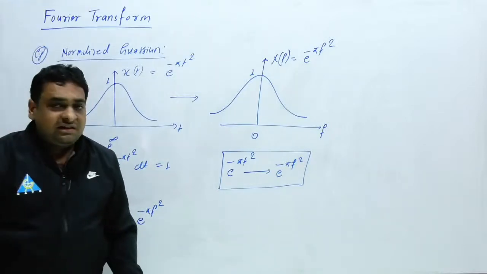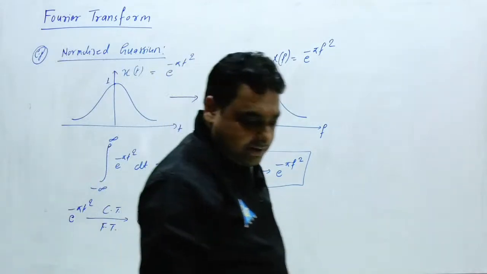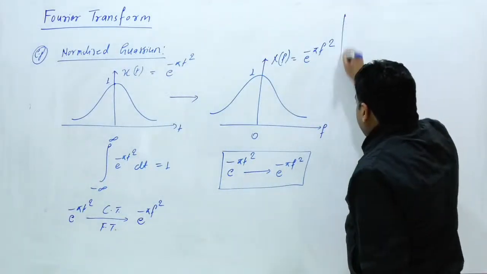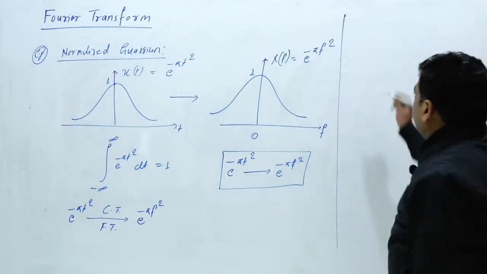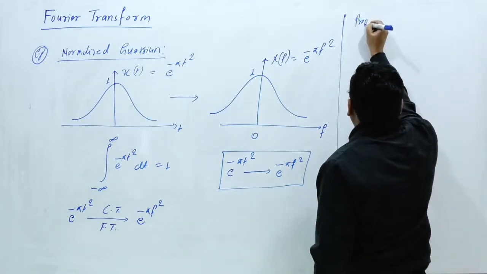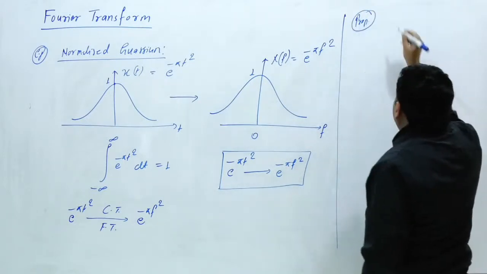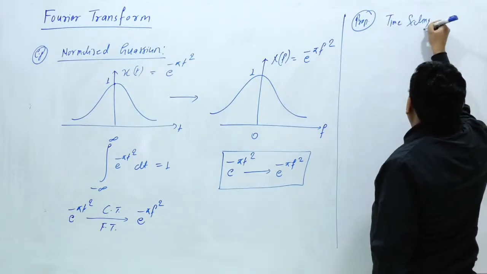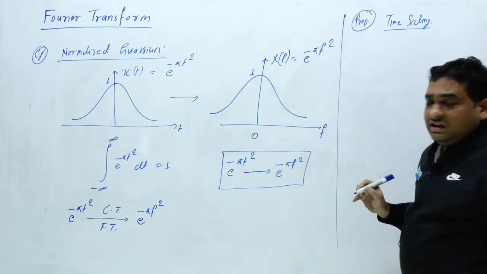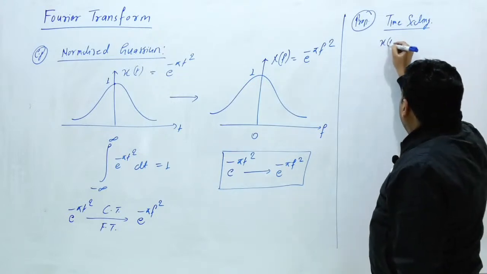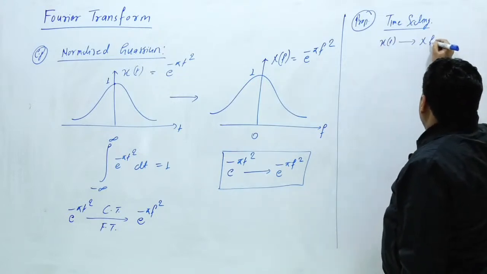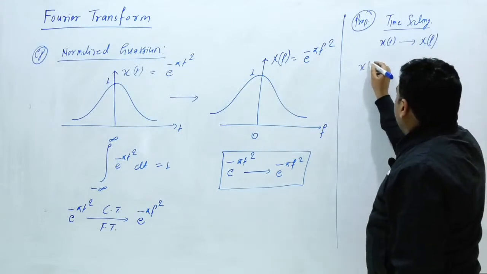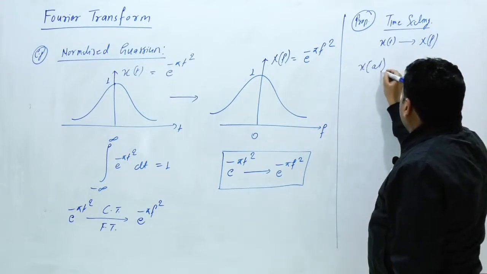Now I am going to take another property. So, next property, just note down: time scaling. If x of t has Fourier transform X of f, then what will be the Fourier transform of x of at?